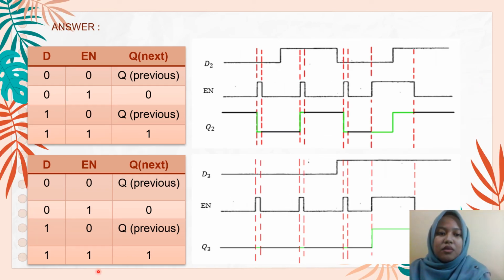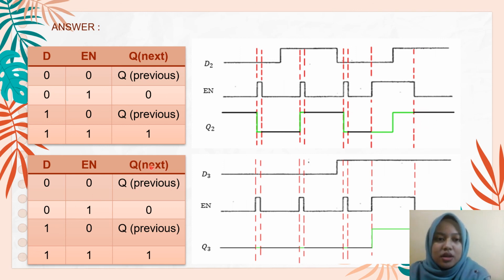Okay, D0 enable 1, output becomes 0. D1 enable 1, output becomes 1, and D0 enable 1, output becomes 0, and 0, 1, 0, and 1, 1, output becomes 1.